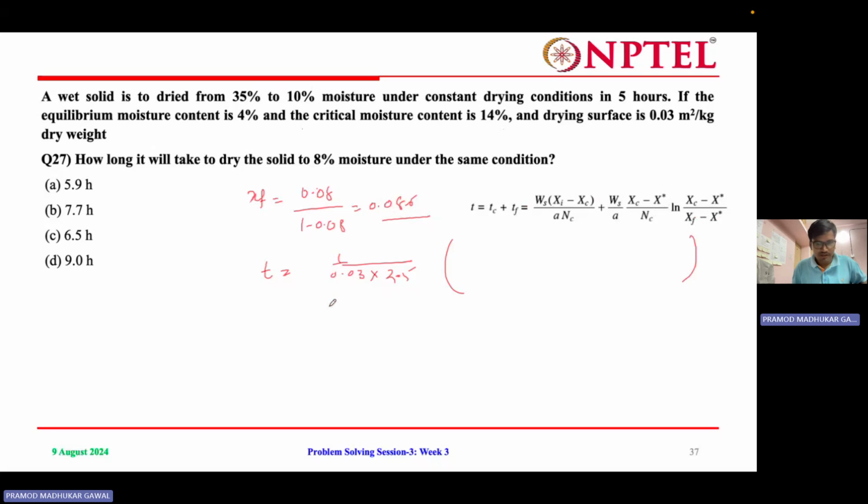So time is 6.5 hours. Option C is correct.